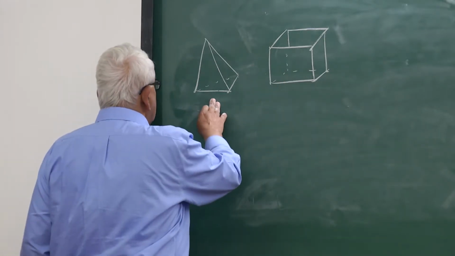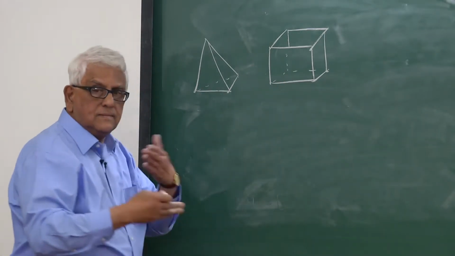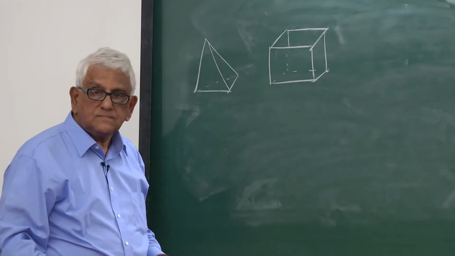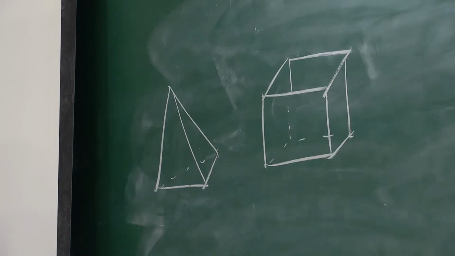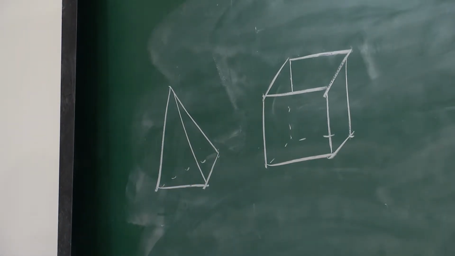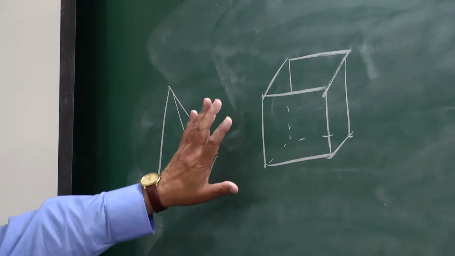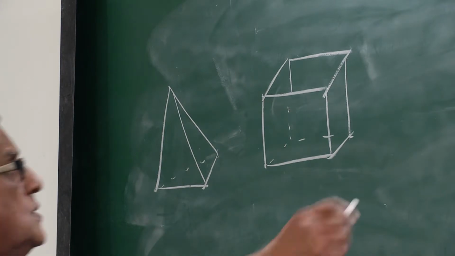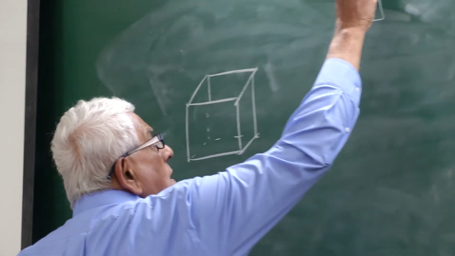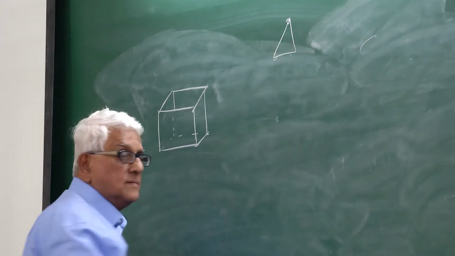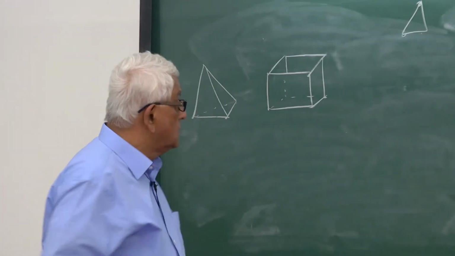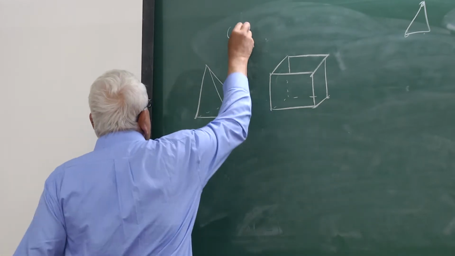So, you are pasting a certain number of triangles, you are pasting a certain number of squares, and at the end you are getting something which is closed, which has no boundary. Before, when we were doing this, it had a boundary, but this time there is no boundary, it is all closed. So, this is a closed surface.